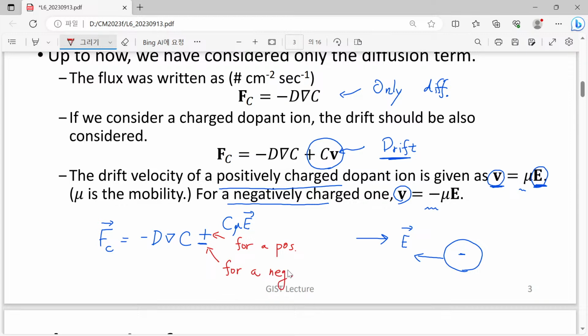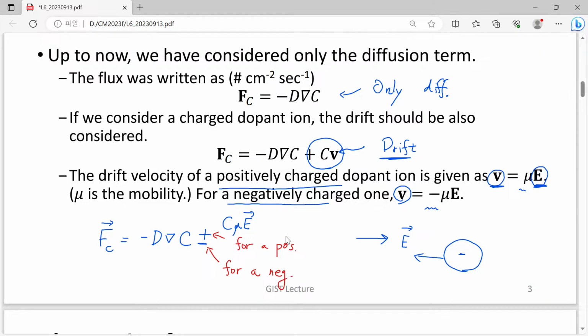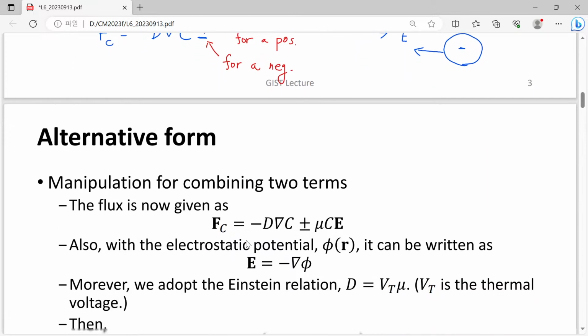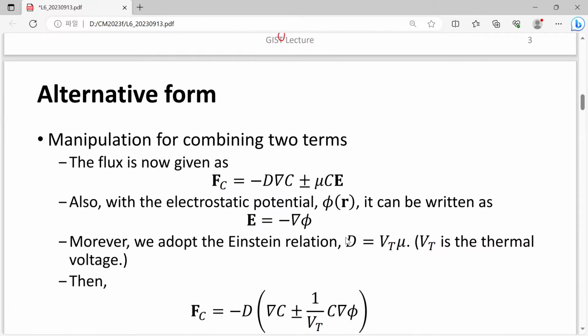Once we accept this kind of notation, everything is merged, so we can reduce the space. Quite convenient. So instead of writing all the way around, we introduce two cases in one expression. Now we want to implement this one.